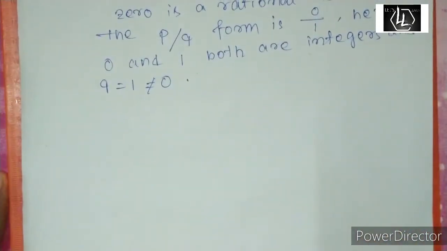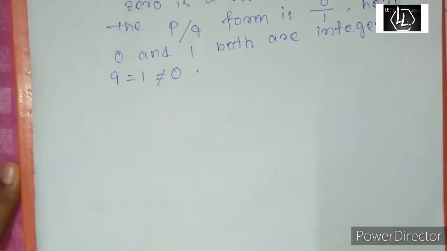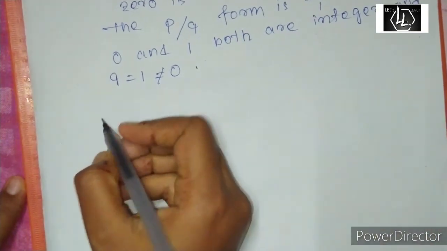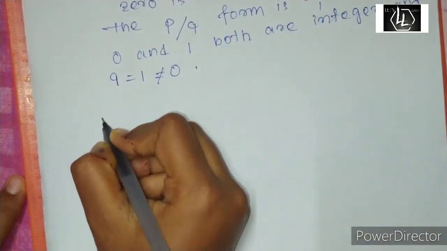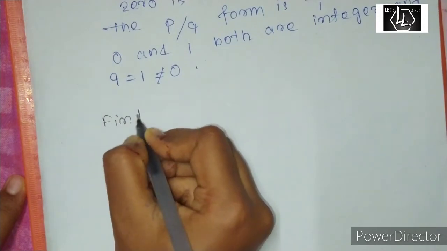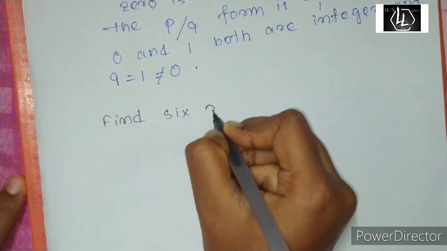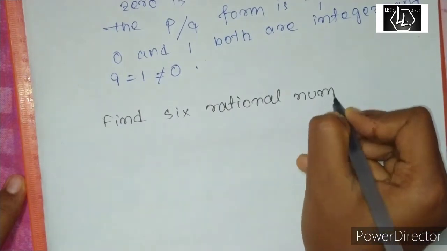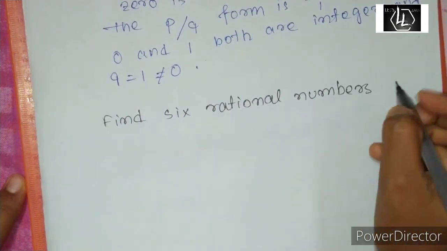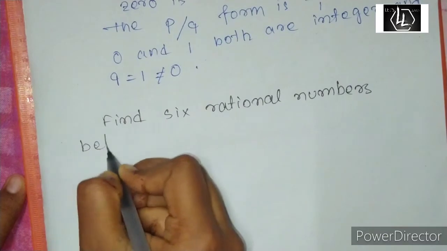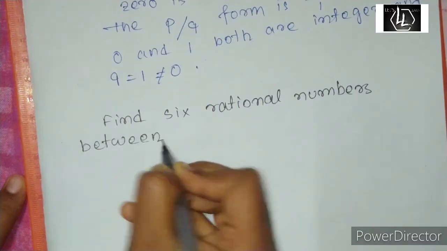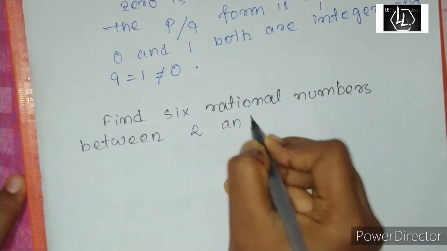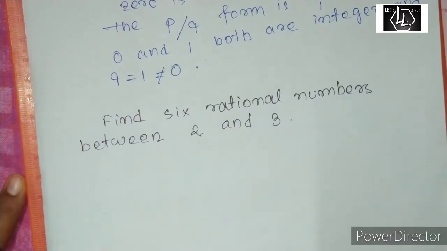So now one question, find 6 rational numbers between 2 and 3.